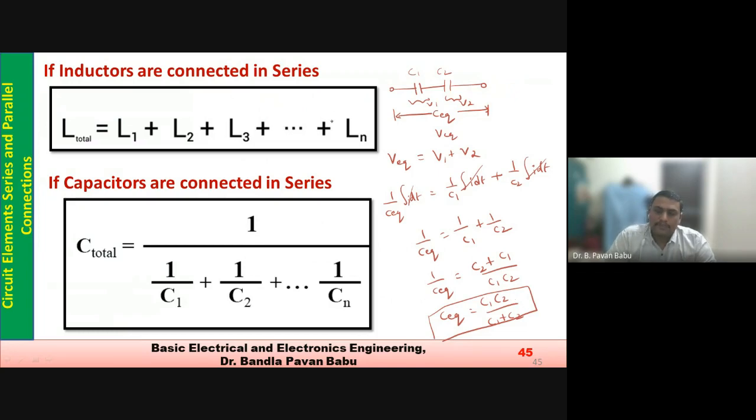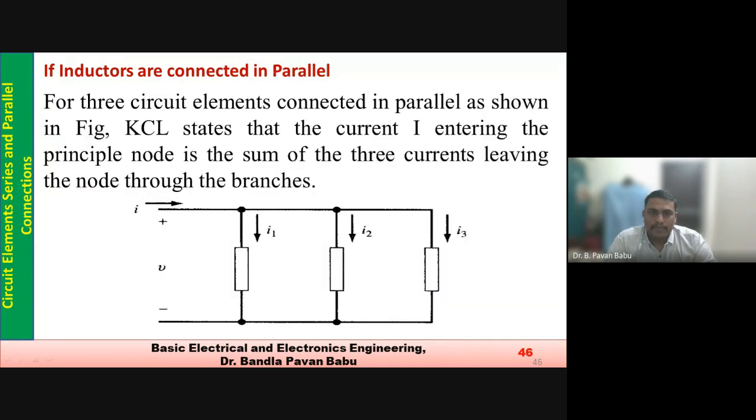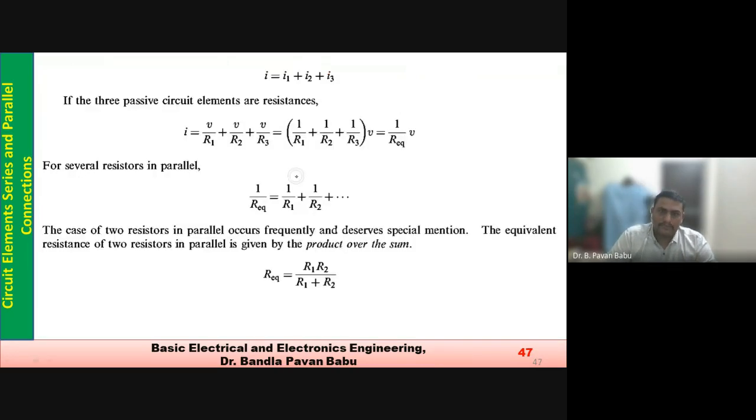In the same way, when resistors are connected in parallel, we apply KCL, since it is better to apply KCL in parallel circuits. You can cross check with the same derivation I solved for the series circuits.